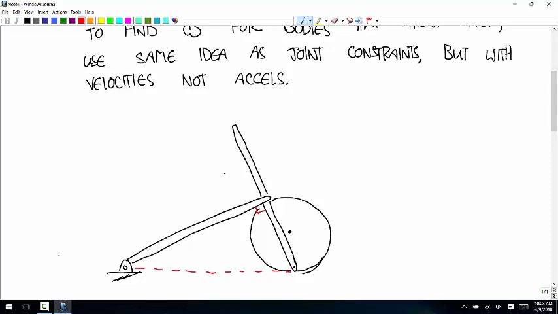This is 90 degrees, this is 32 degrees, this is 58 degrees after you do the trigonometry, and that's a pin. This length is 1.2.